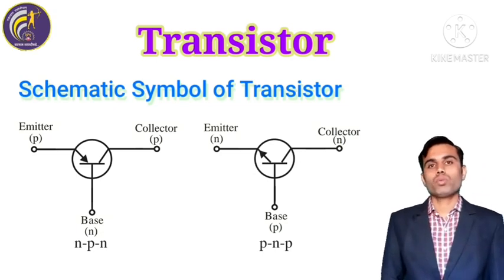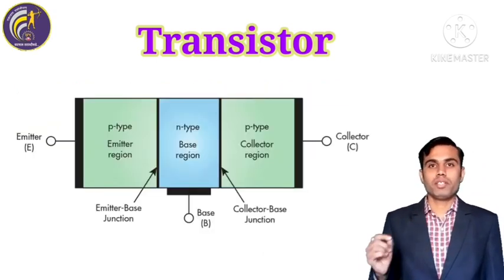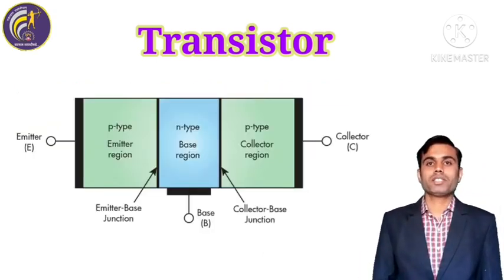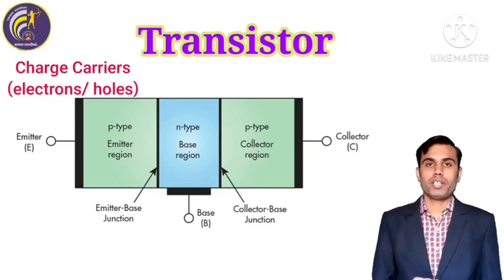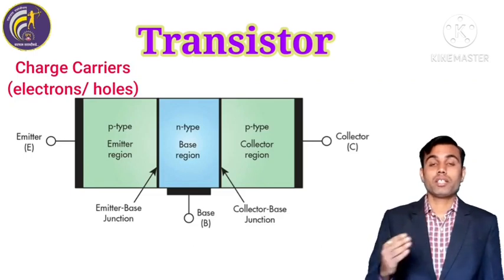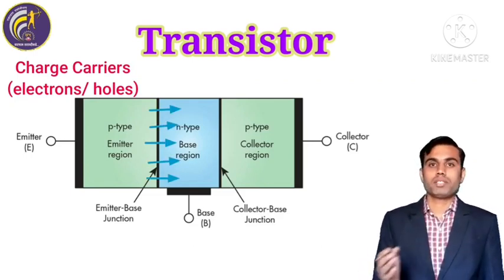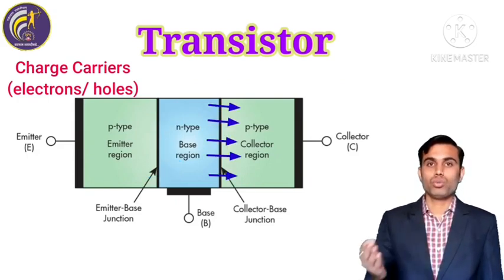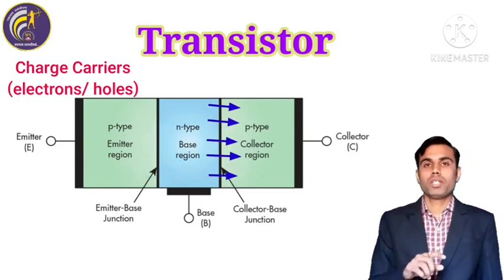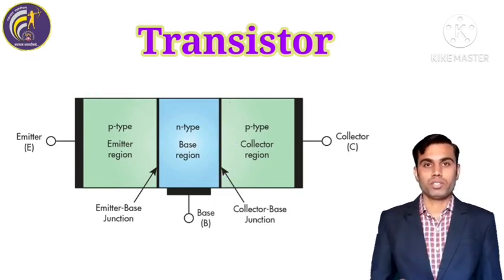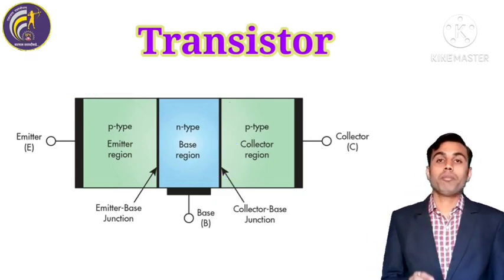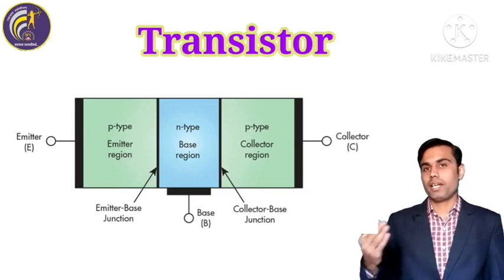So what is the role of emitter in a transistor? It carries a large number of charge carriers, and these charge carriers are transferred to base, and base again passes these charge carriers to collector. So this is how the flow of charge carriers is seen in a transistor. Current from emitter is supplied to base and collector.